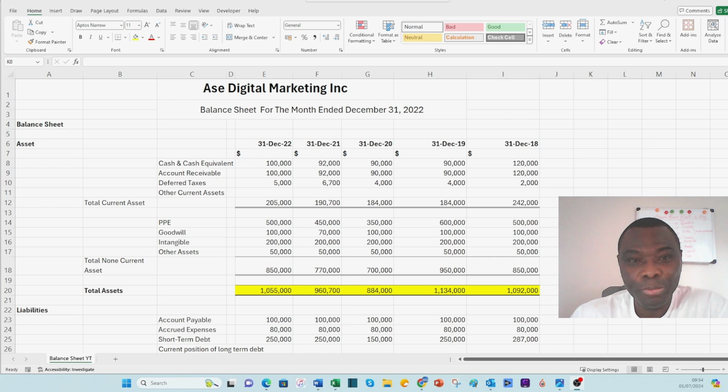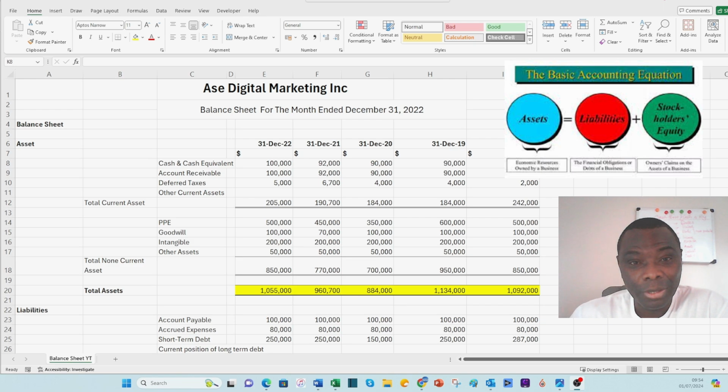Without cash, you won't be able to acquire inventories or raw materials to produce your product. And the list goes on and on. And without cash, you won't be able to meet your regulatory requirements in terms of your taxes when due, or your VAT for those of you who live in Europe or in the UK.